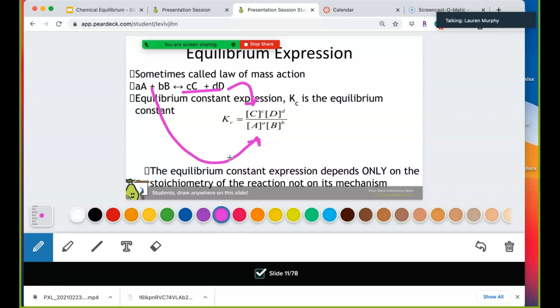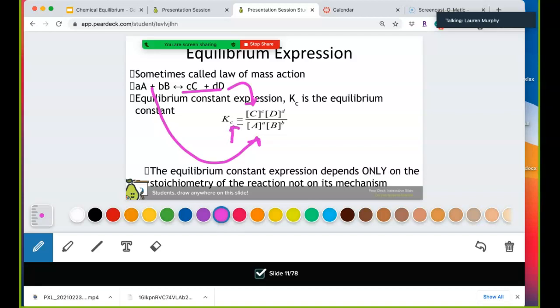Okay? This is kind of the opposite of what I taught you in kinetics, because you can't use stoichiometry to figure out rate laws. You have to understand the mechanisms to find rate laws. And this is the opposite. You get to use your coefficients as exponents in this chapter for equilibrium. This little c down here on the equilibrium constant, they're just trying to say concentration.